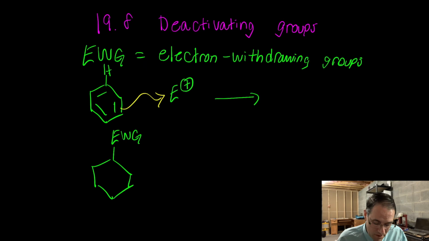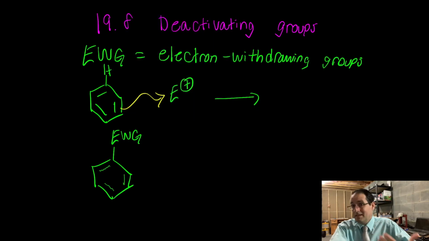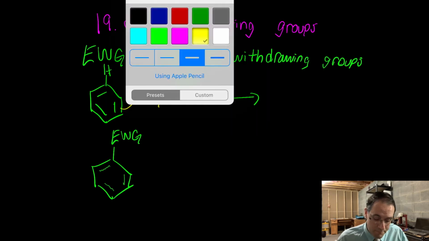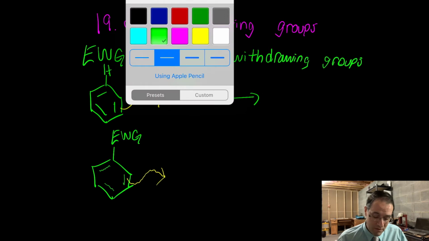These pi bonds don't appear as bold here on the screen, and the reason why is because the electron withdrawing group is pulling those electrons away from the pi bond. So there's less electron density available, and when the aromatic ring that's substituted here tries to attack the electrophile, it's going to have a harder time doing so because it's not as electron rich, okay?